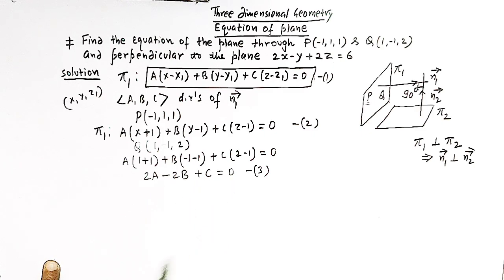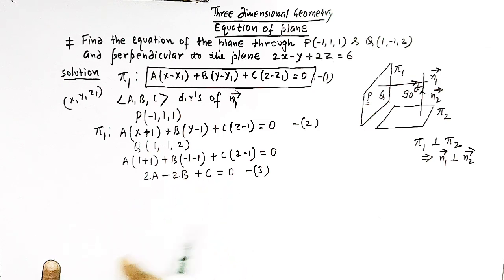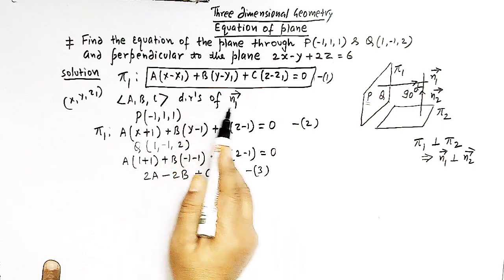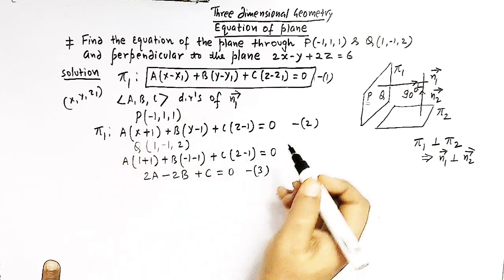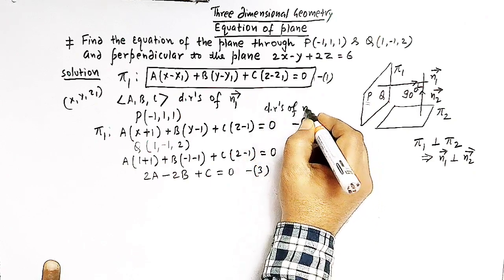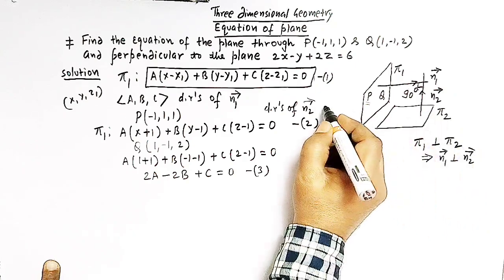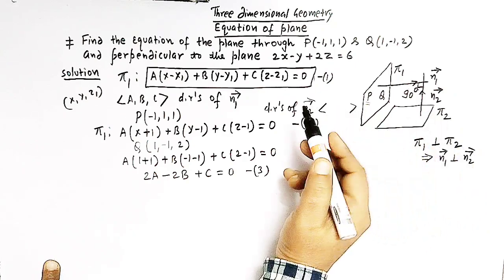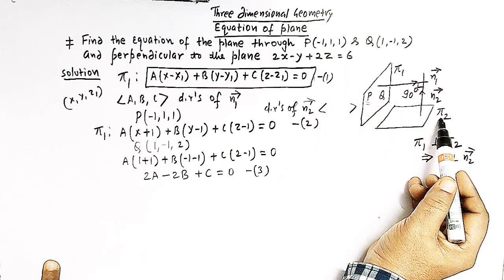Now let us form another equation in A, B, C by using the concept of direction ratios, right? Now see, the direction ratios of the normal vector n1 are A, B, C, and the direction ratios of the normal vector n2 to this plane pi 2 may be written with the help of the equation of this plane pi 2.